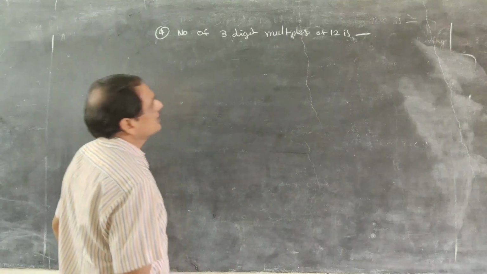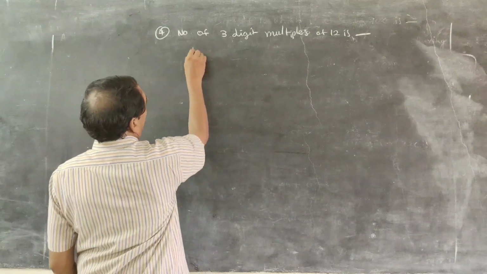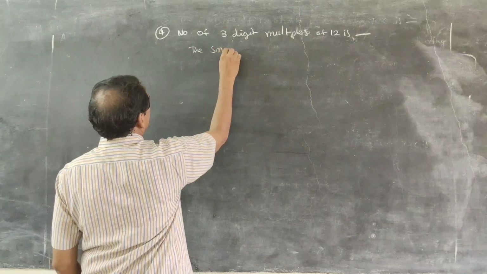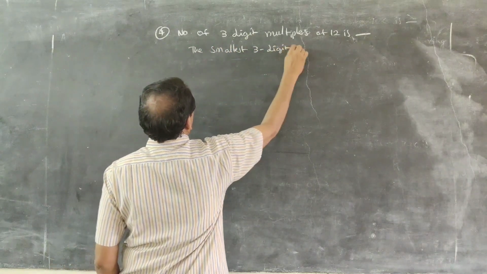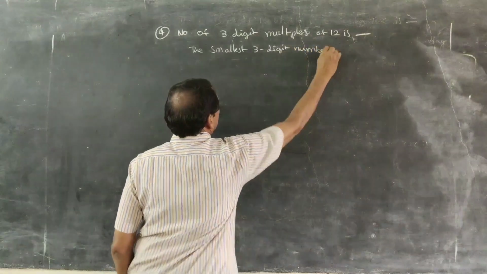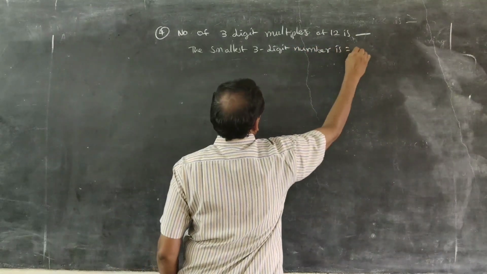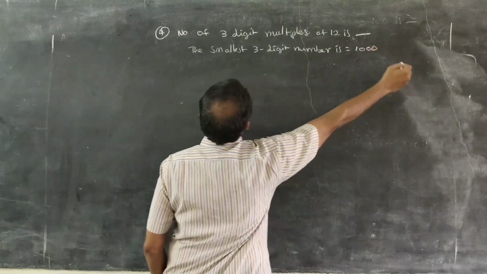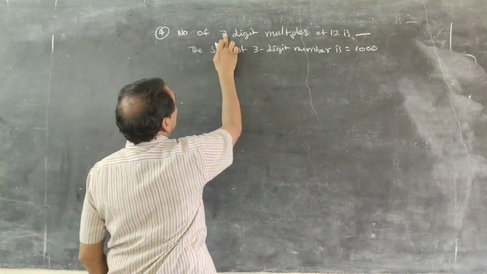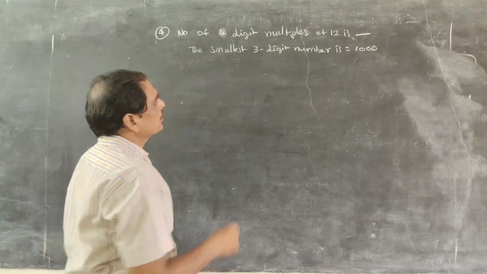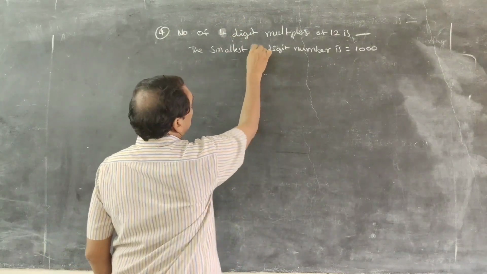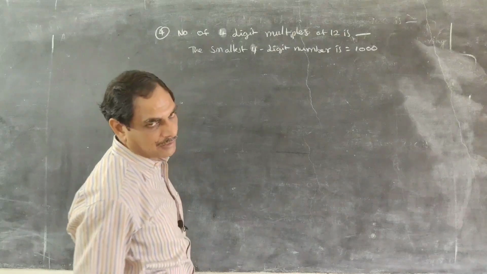So we write the smallest 3-digit number. The smallest 3-digit number is 100. So we find the smallest 3-digit multiple. 100 is the smallest 3-digit number, and the smallest 4-digit number is 1000.